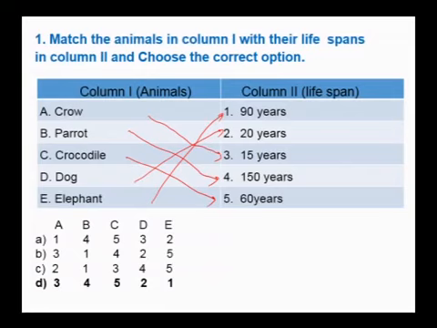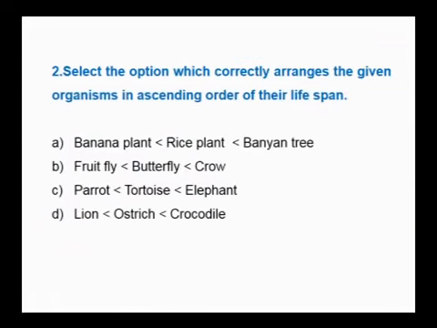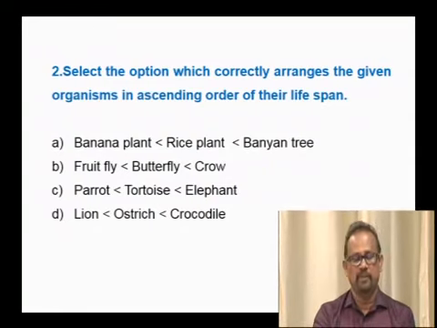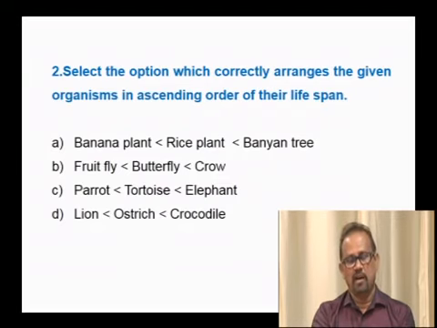This question can also be asked in the other way. So let us look into the second question. Select the option which correctly arranges the given organisms in ascending order of their lifespan. See, here I have given different plants as well as insects and animals, all of which are in your NCERT book, so you need to know their lifespan, then this question can be easily answered.